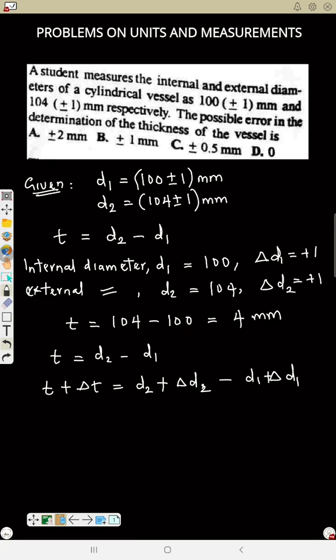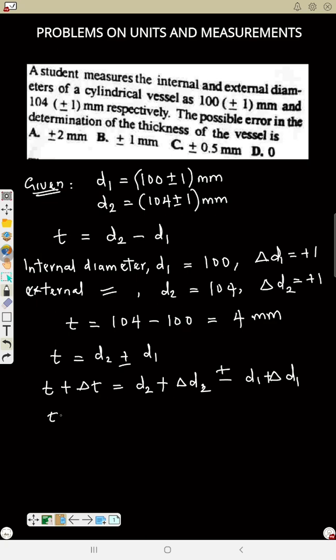In this case, let's use plus or minus because we are finding the error, so we can take the maximum error.